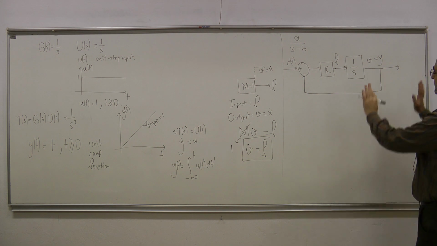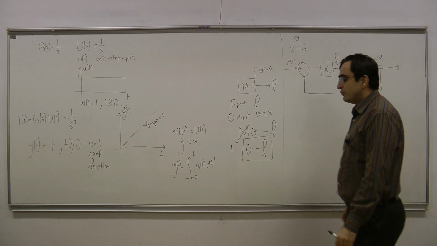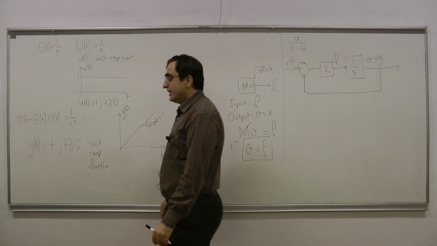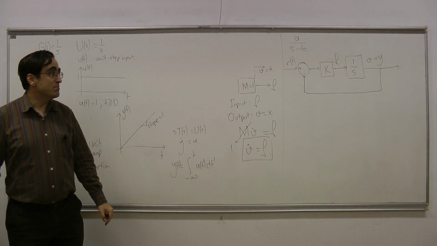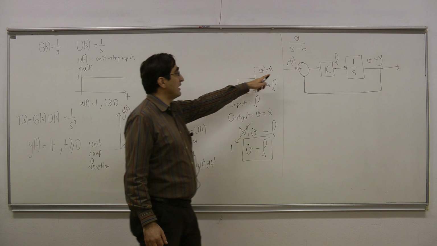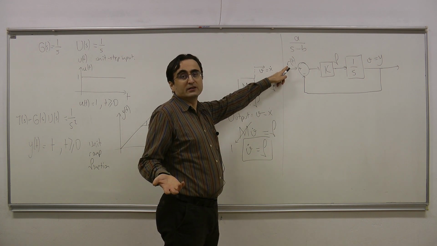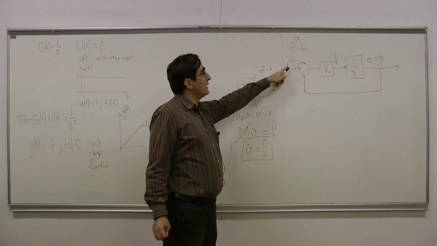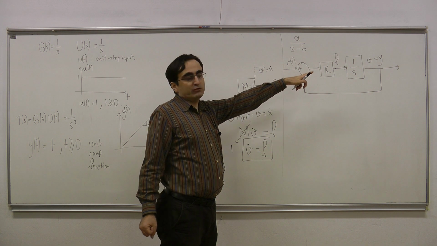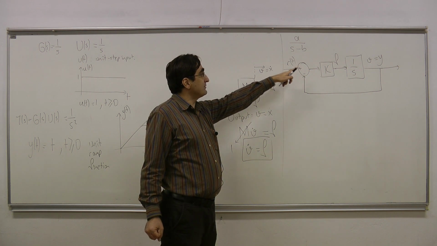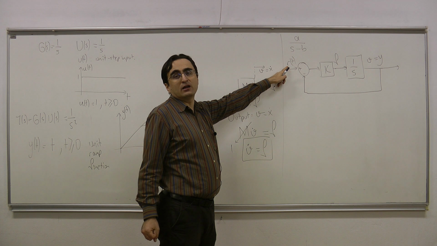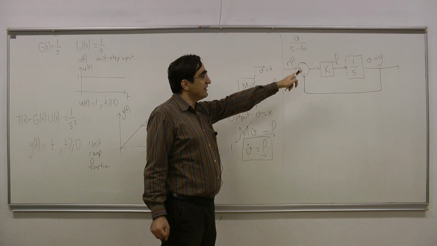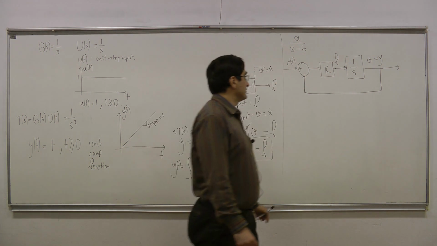This is a feedback system which would try to bring the velocity of the mass to a constant reference or to a reference signal R of t. I would like to make the actual velocity of the mass as close to the reference signal as possible.